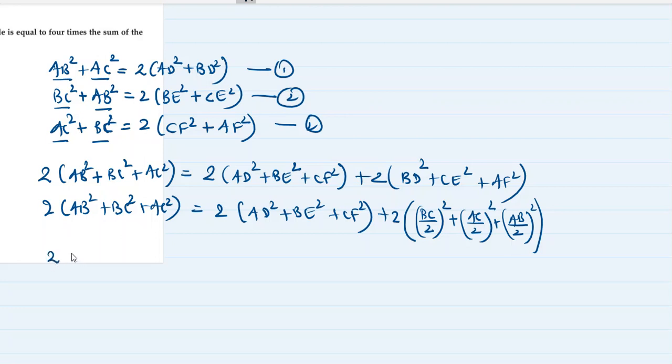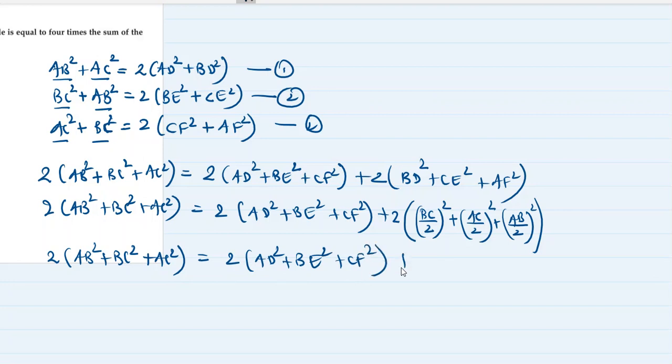So 2 bracket AB square plus BC square plus AC square is equal to 2 bracket AD square plus BE square plus CF square plus 2 bracket BC square plus AC square plus AB square the whole by 4. Why the whole by 4? Because 2 square will become 4. Every fraction will have denominator 4, so we can take it as a common denominator and we can cut this and then we can shift it to the other side and subtract it.